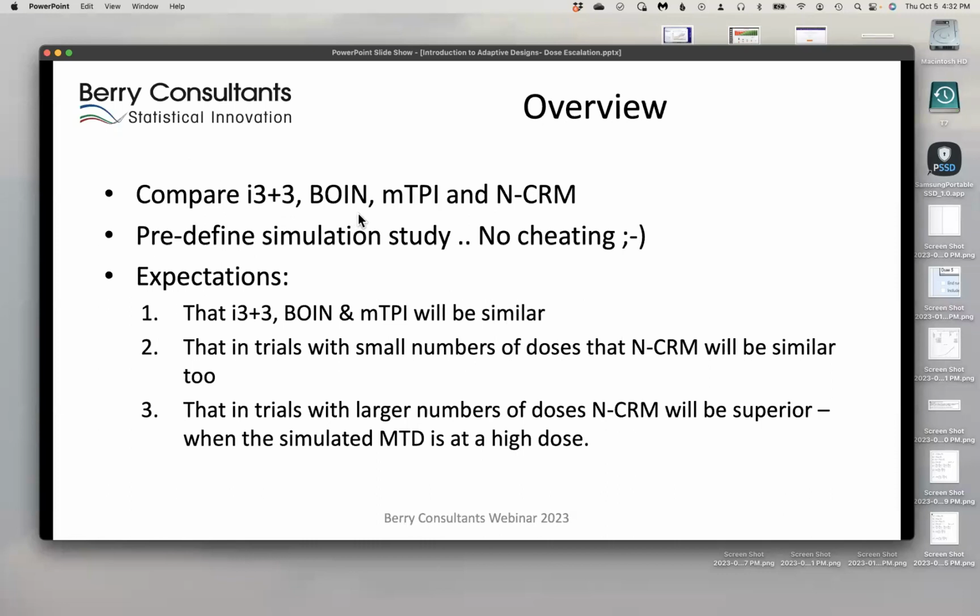Now, at small numbers of doses, if the MTD is at the second or third dose, that really doesn't make much difference. But my expectation was if the MTD was at kind of dose 7, dose 8, somewhere out there, then this information from the earlier doses would be useful.